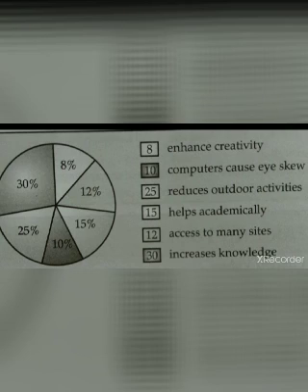Very few people, that is 15%, had the opinion that it helps academically. Hence, we can sum up that 53% of the people were in favor of computer usage by children, where there were still 47% who did not favor it. So, this is the way you need to write the paragraph.